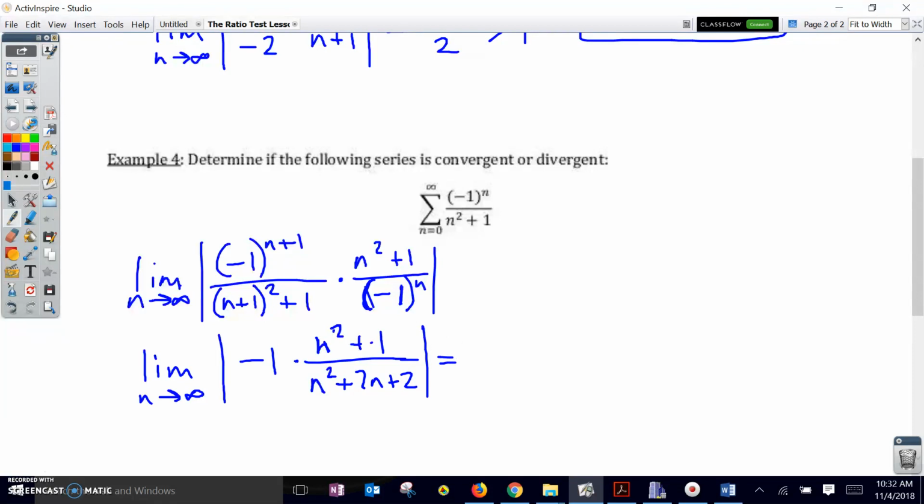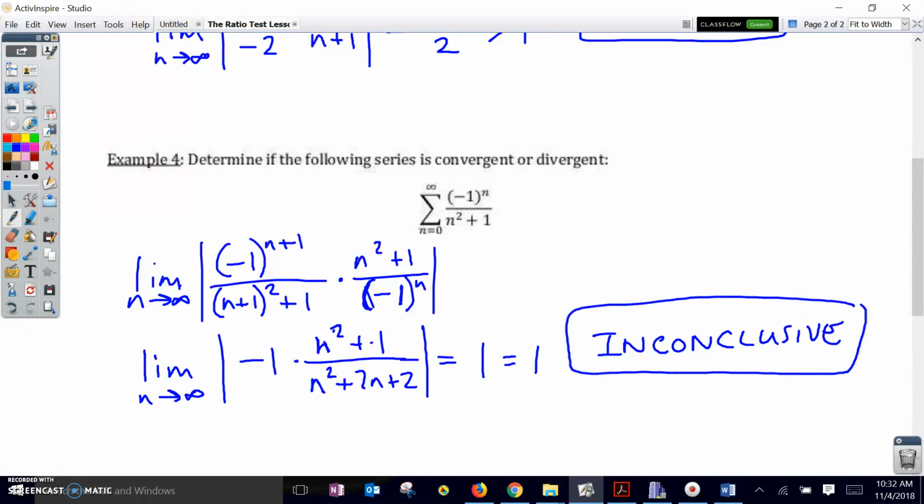The limit of this as n goes to infinity is just going to be 1, which is equal to 1. Therefore, in this case, the ratio test is inconclusive. Whenever we get 1 as the value of the limit, we can't tell from this test whether this series converges or diverges. We're going to need to use another test to determine whether it's convergent or divergent.